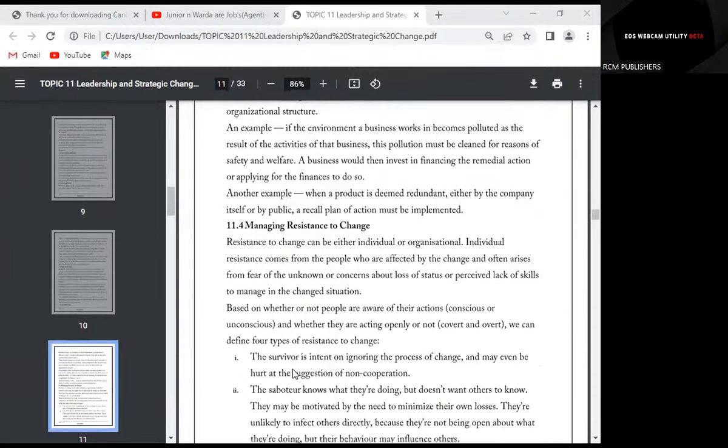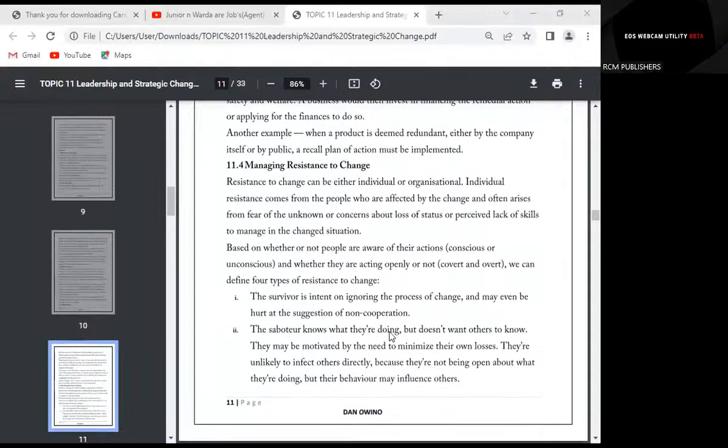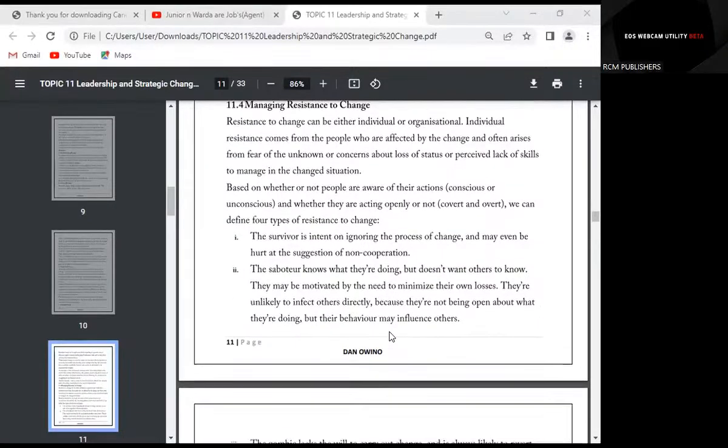Based on whether or not people are aware of their actions, conscious or unconscious, and whether they are acting openly or not, covert and overt, we can define four types of resistance to change. One, the survivor is intent on ignoring the process of change and may even be hurt at the suggestion of non-cooperation. Somebody who just wants to survive by maintaining the status quo.